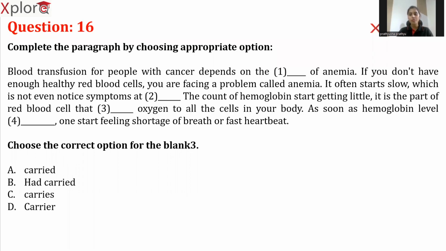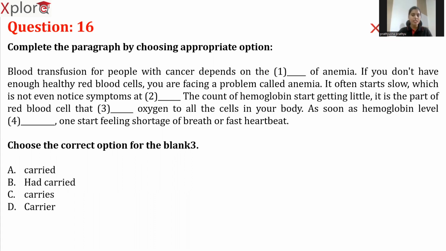The count of hemoglobin start getting little. It is the part of red blood cell that blank oxygen to all the cells in your body. Now, the options given for this blank 3 are carried, had carried, carries, carrier.